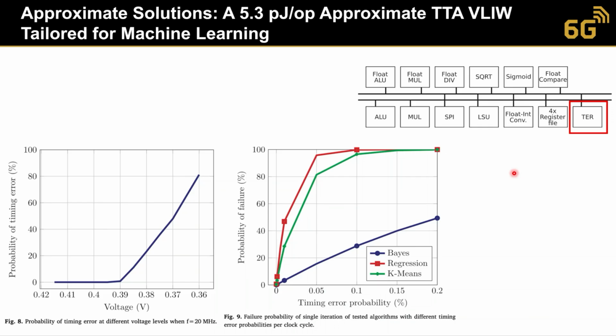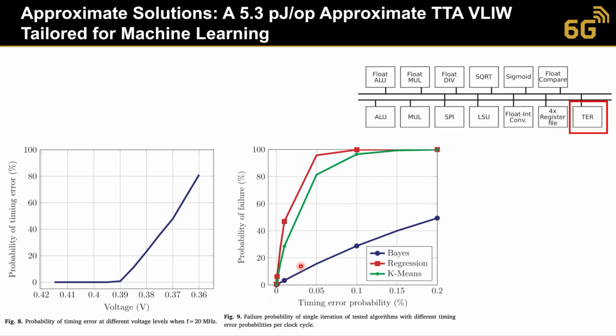For example, if you are looking at the probability of some signal in telecom, then you put the probability at 0.5. And this worked with a number of different algorithms, such as Bayes regression and K-means, where you could have timing errors and the chip still didn't fail.